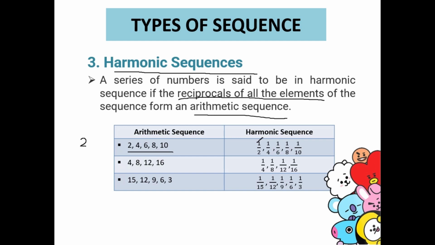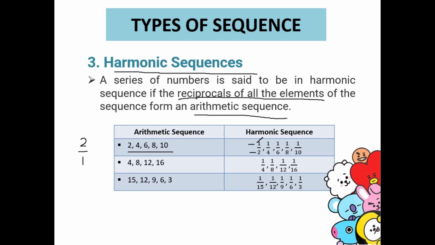Remember, 2 has an invisible denominator 1. When we say reciprocal, the denominator will become the numerator, and the numerator will become the denominator. So that is how we do the reciprocal. So we have 1/2, 1/4, 1/6, 1/8, and 1/10.